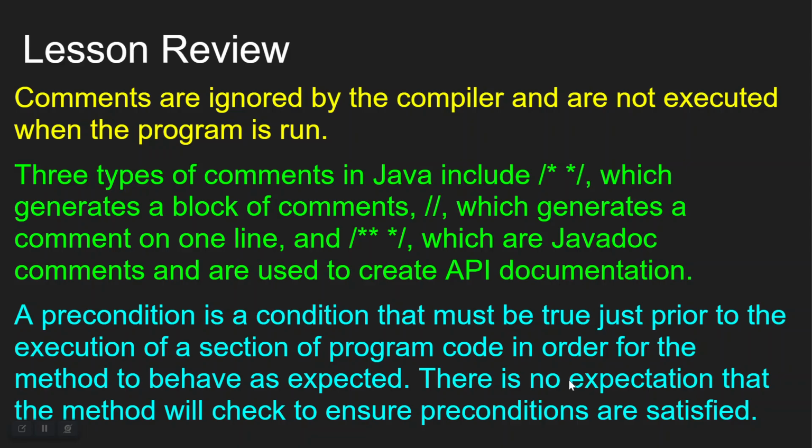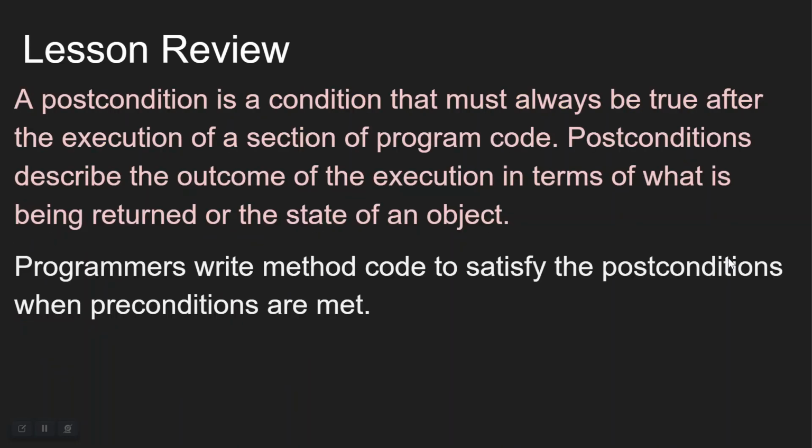In that case, you would probably want to have the program code check whether or not the denominator is 0. But you don't have to. Again, there is no expectation that the method will check to ensure the preconditions are satisfied. So it's sometimes important just to have the preconditions in there.